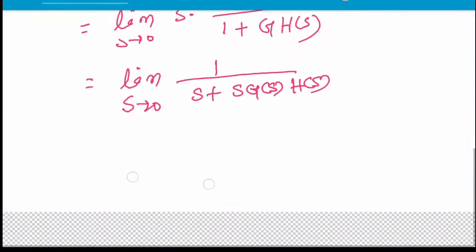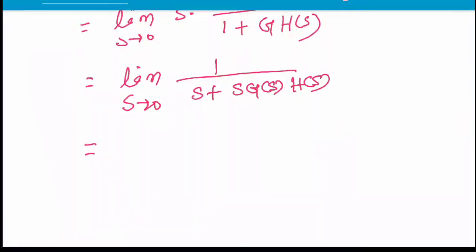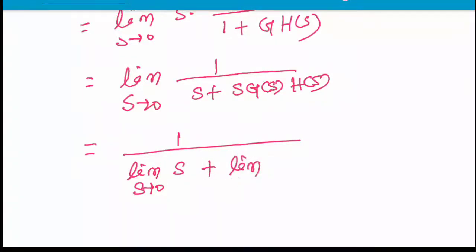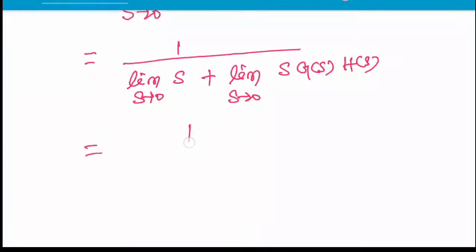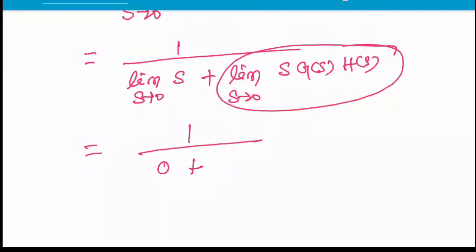So here if we take the limit to the denominator, it will be 1 by limit s tends to 0 s plus limit s tends to 0 s into G(s)H(s), and this will be 1 by 0 plus this one, I am telling it Kv, that is velocity error constant.